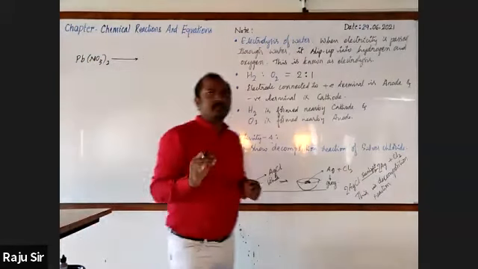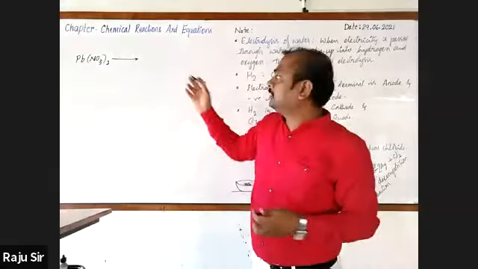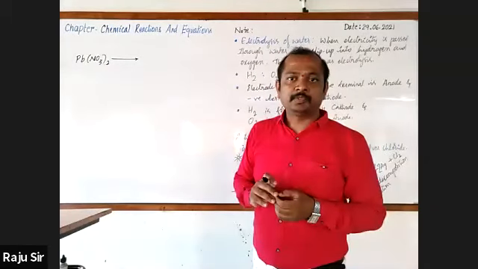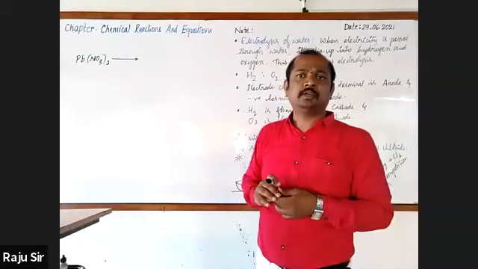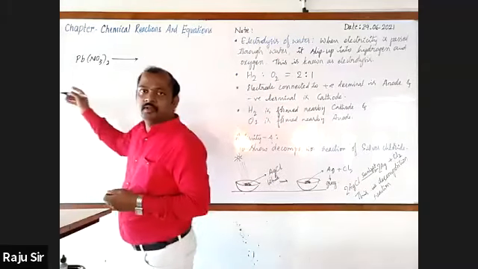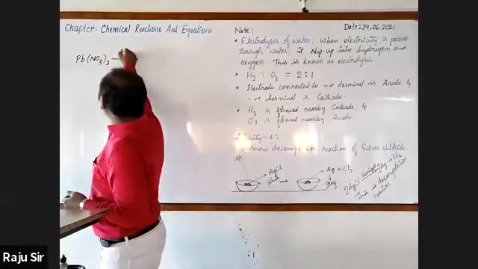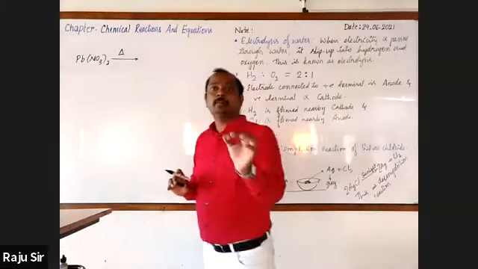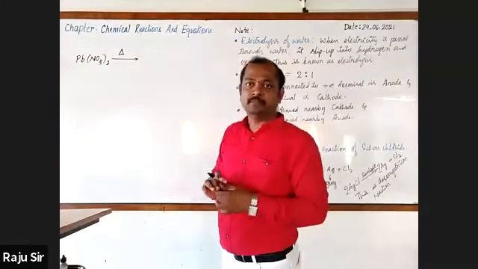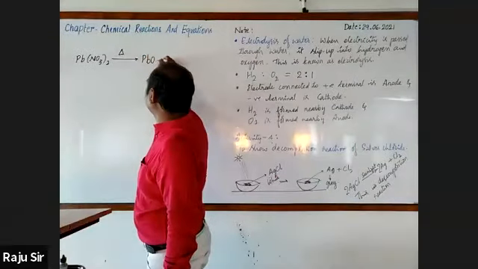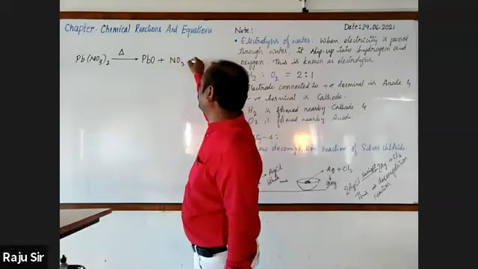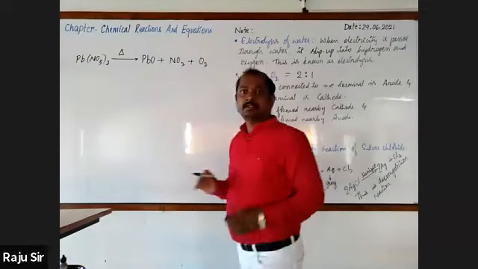Dear students, you all know that lead nitrate undergoes decomposition reaction. What is the condition under which it undergoes decomposition reaction? Heat, sir. Heating and split up into lead oxide PbO, nitrogen dioxide NO2, and oxygen.